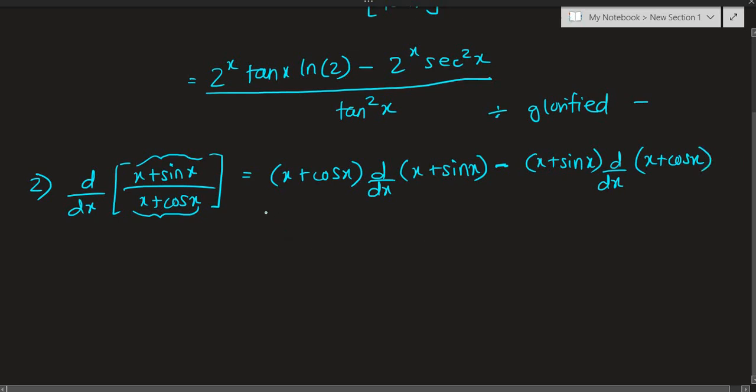But that's not all. Why is the quotient rule a little more tedious than the product rule? That's because you also have to square the denominator function. So x plus cosine of x, the whole thing squared. Now time to differentiate all the parts that we indicated to differentiate.